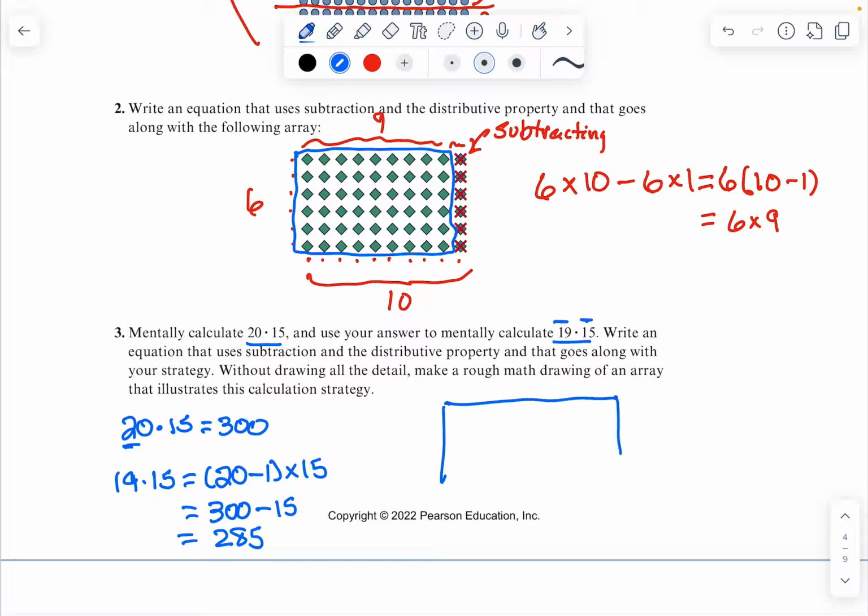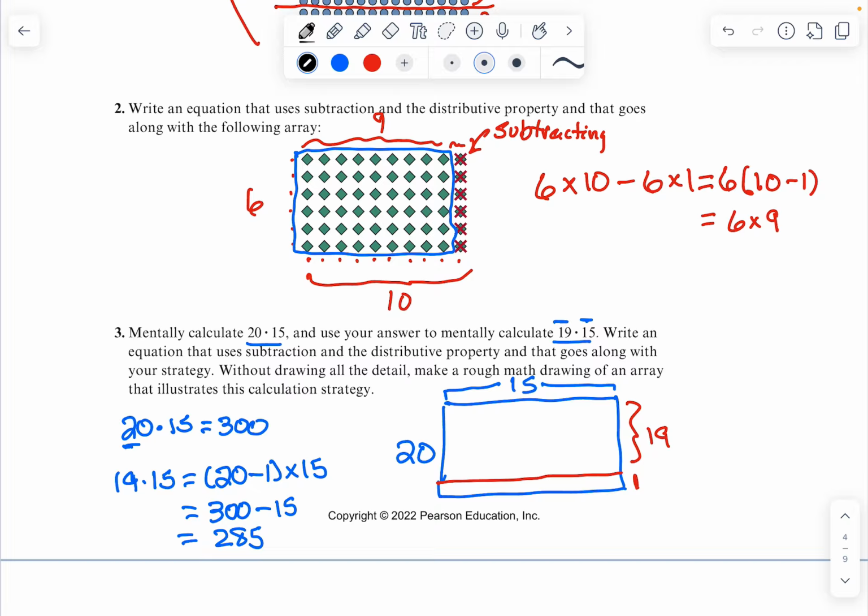So I'm going to draw a very rough picture. So I have my 20 here. And then I want my 15 here along the top. And instead of looking at all of those, right, I want to take one of those away. So I have one that's taken away, and there are 19 that are left.